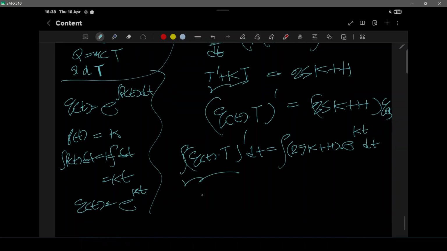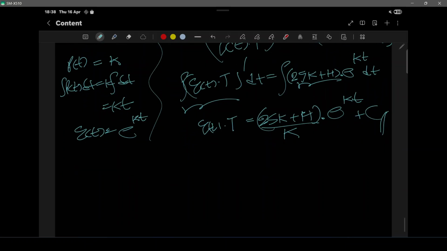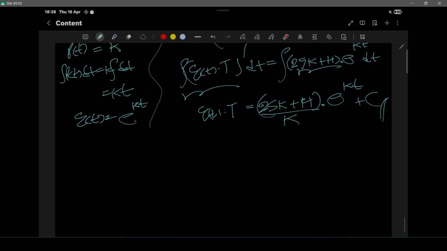So this is just Q(t) times T, equal to, these all are constant, okay? These all are constant. So you just have to integrate this one. I will write directly 25k plus h times, if we integrate e to the power kt, it is just e to the power kt over k plus C. Hey, we solved it. Now we have to apply the initial conditions.